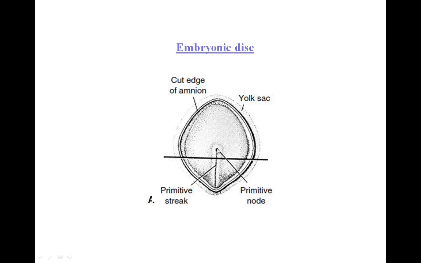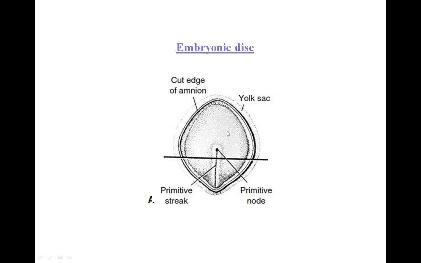In front of that groove there is some elevation that is known as the primitive node. The groove is continued into the primitive node as the primitive pit. There is an opening in the primitive node, that is the primitive pit, which is continuous with the groove of the primitive streak.